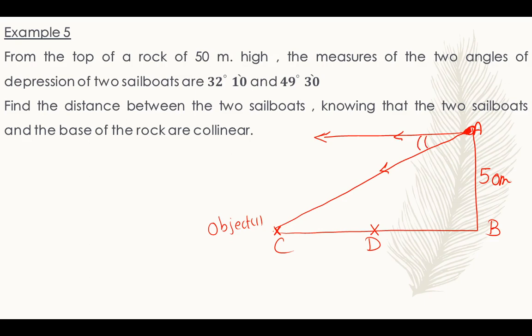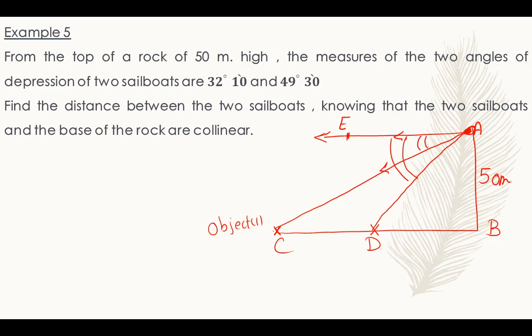To find the angle of depression of the second sailboat, here is the horizontal ray AE, and the other ray goes from A to D. This is the other angle of depression.